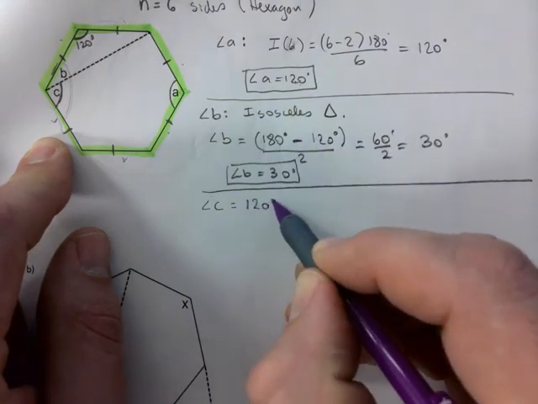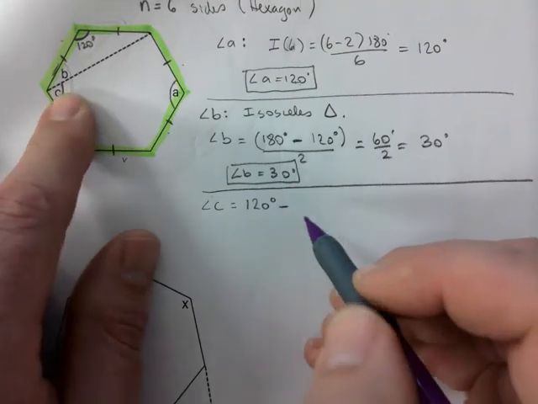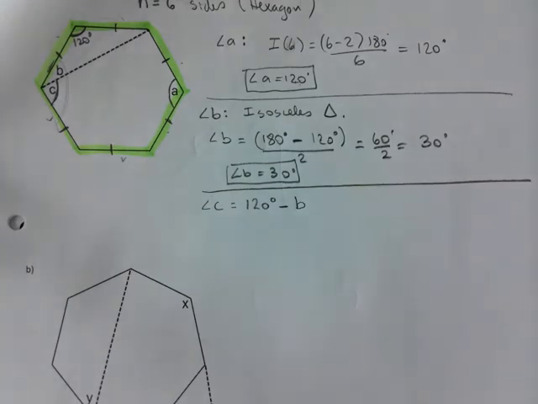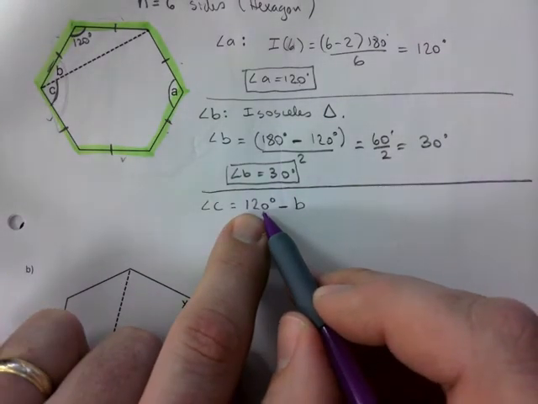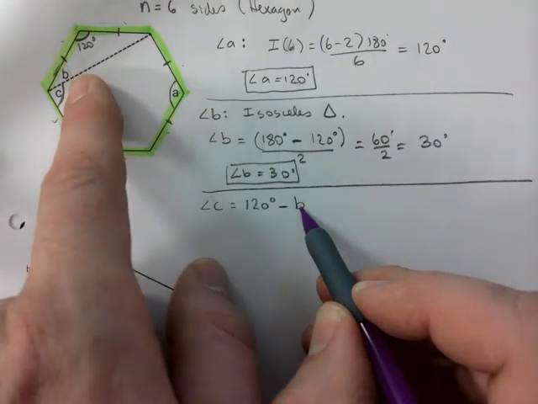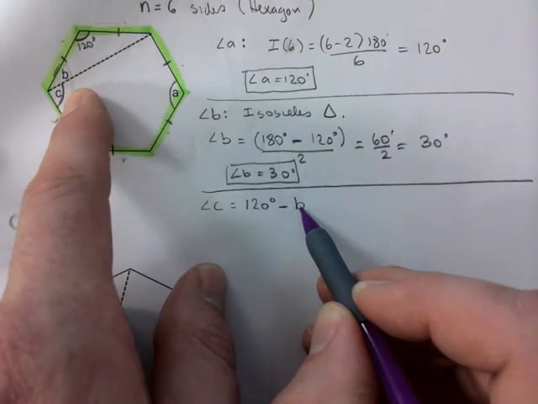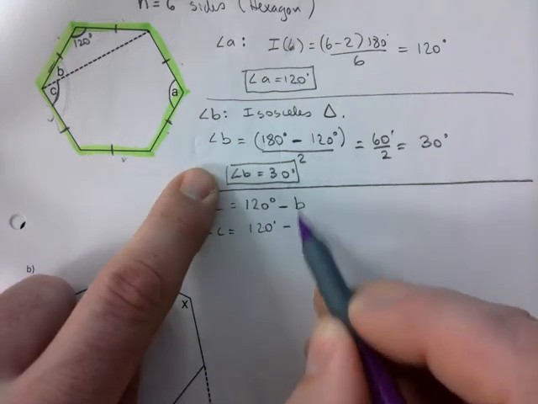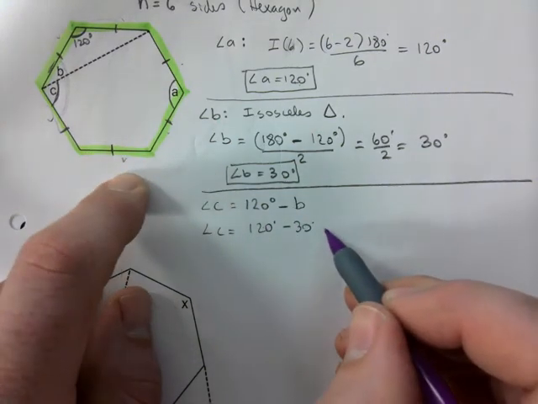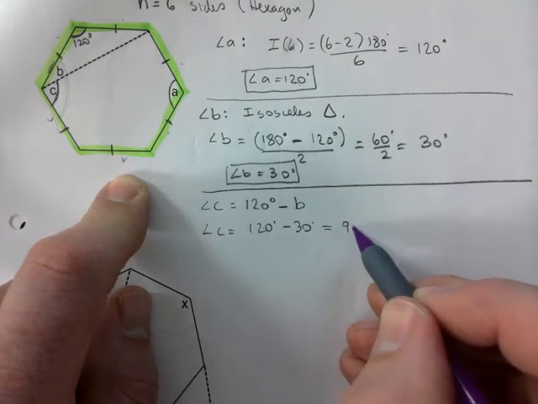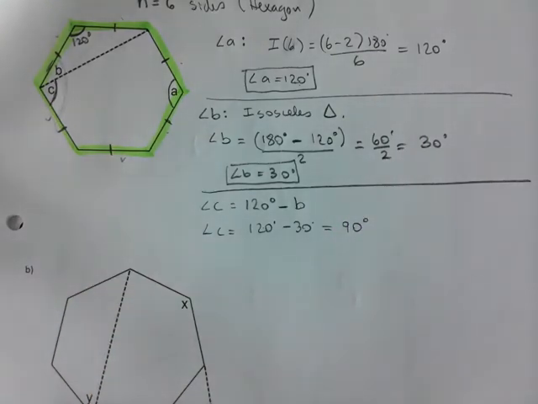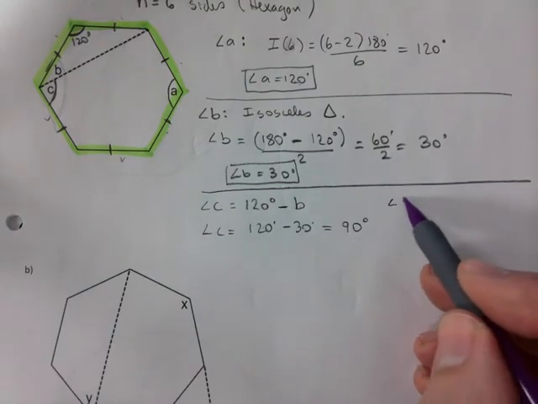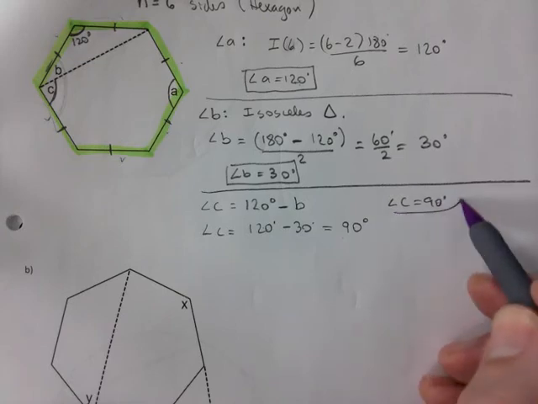So it's 120 degrees minus, I'm going to take away angle B. I take the interior angle, I subtract angle B, which is up here, and that will give me angle C. So it's 120 minus 30, and that happens to be 90 degrees. So angle C is 90.